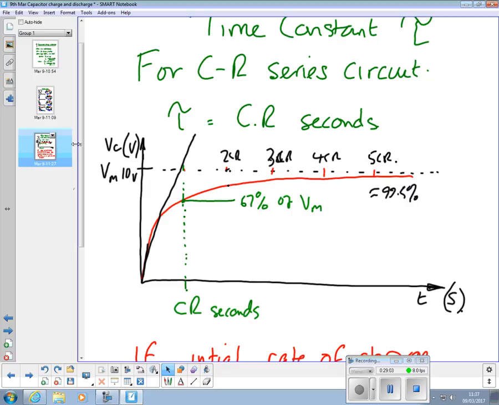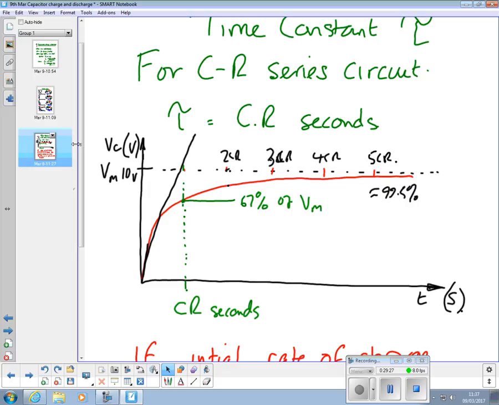As you can see, thinking rate of change here, the slope dy by dx of that graph is reducing all the time. The current flowing is reducing, so the rate at which it's charging is reducing all the time.